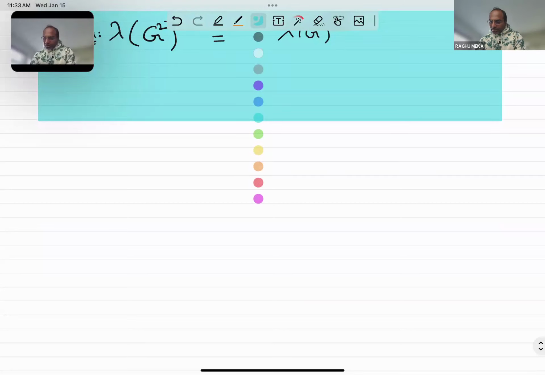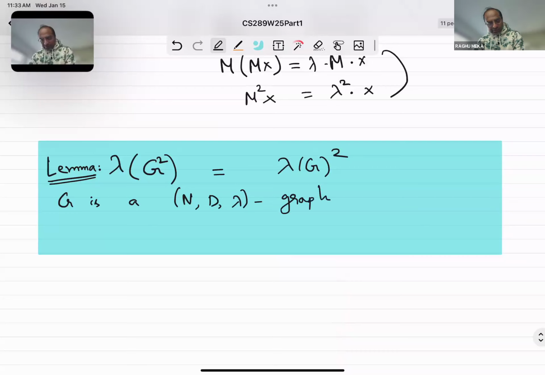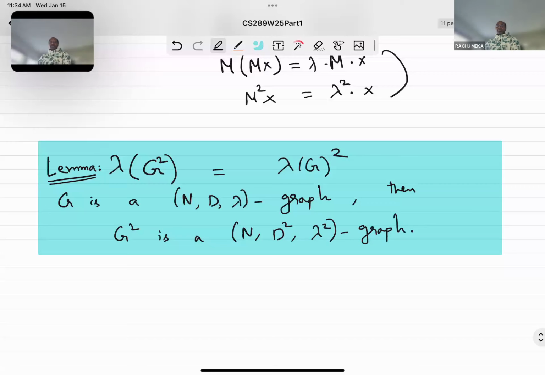So in particular, this implies that if G is an (N, D, lambda) graph, then G squared is an (N, D squared, lambda squared) graph. So the number of vertices did not change. The degree squared.